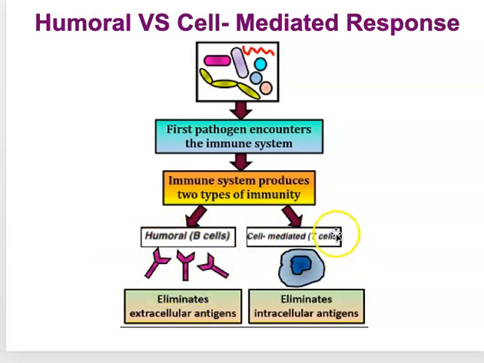The T cells are going to do something a little bit different. Whenever you get attacked by a bacteria or a virus, that virus or bacteria can actually enter your own body cells and start infecting from inside the cells.